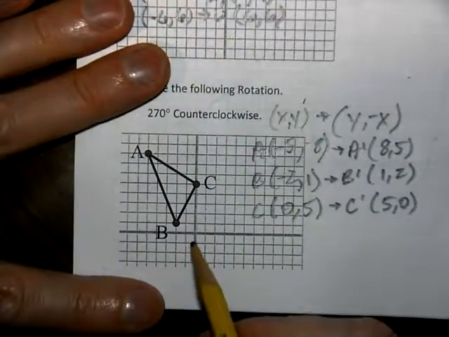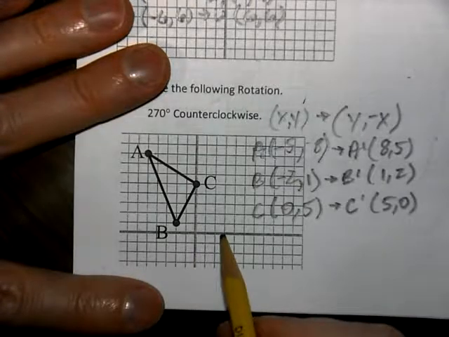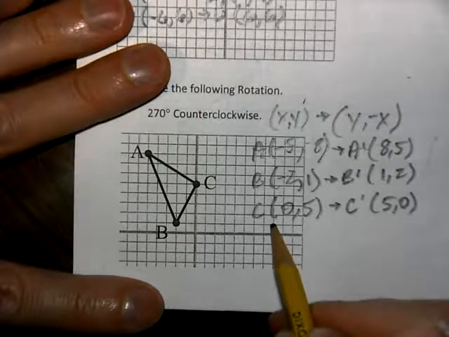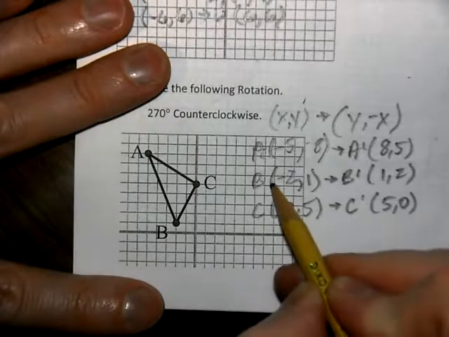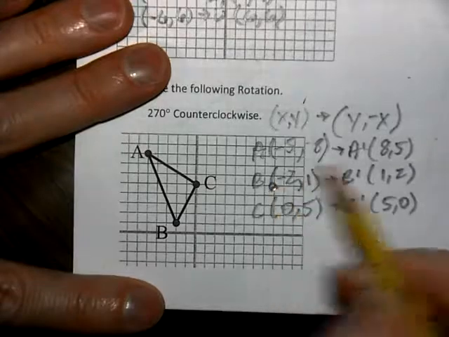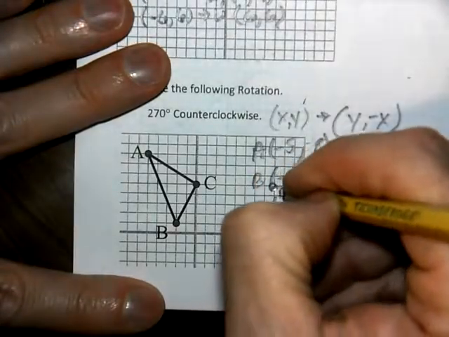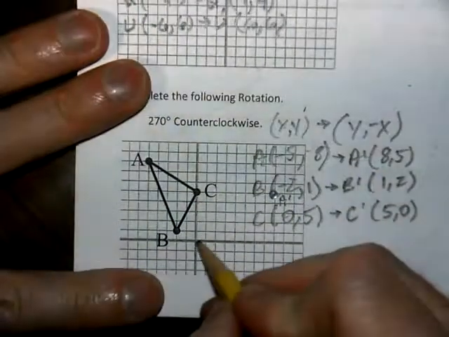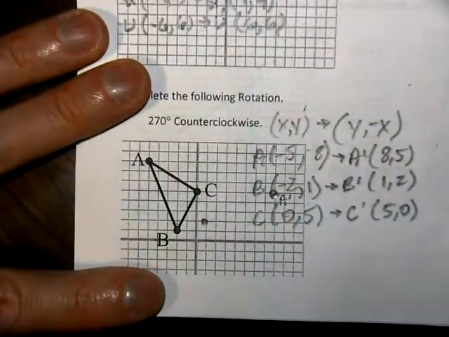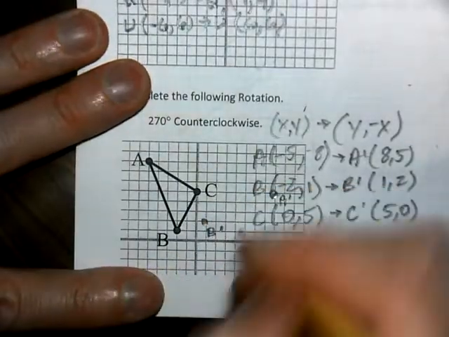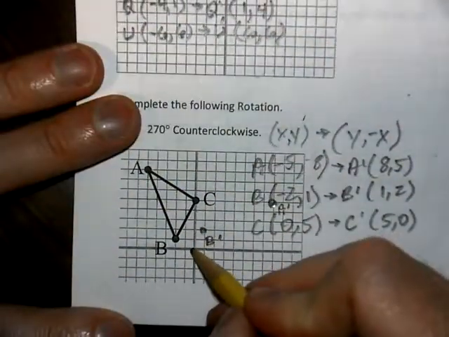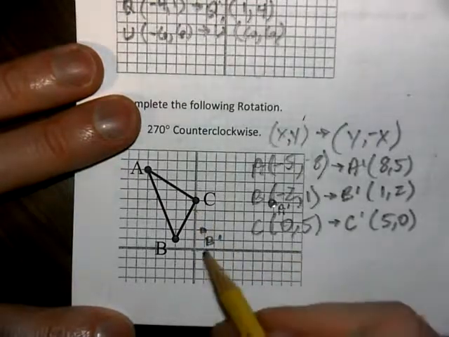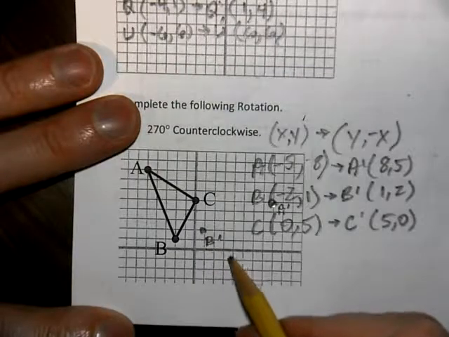So where we're going to be is 1, 2, 3, 4, 5, 6, 7, 8. 1, 2, 3, 4, 5. And that's A prime. 1, 2. That's my B prime. And 0, 1, 2, 3, 4, 5.